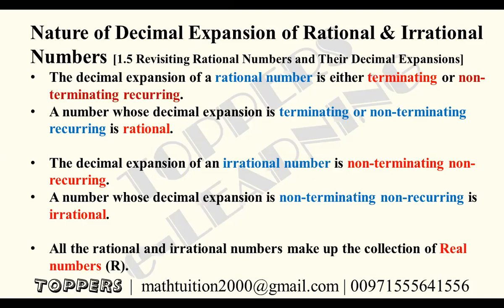All the rational and irrational numbers make up the collection of real numbers. So real numbers we denote by capital R. So capital R means it is rational plus irrational. The set of real numbers is a collection of the set of rational numbers and irrational numbers, right? Okay.